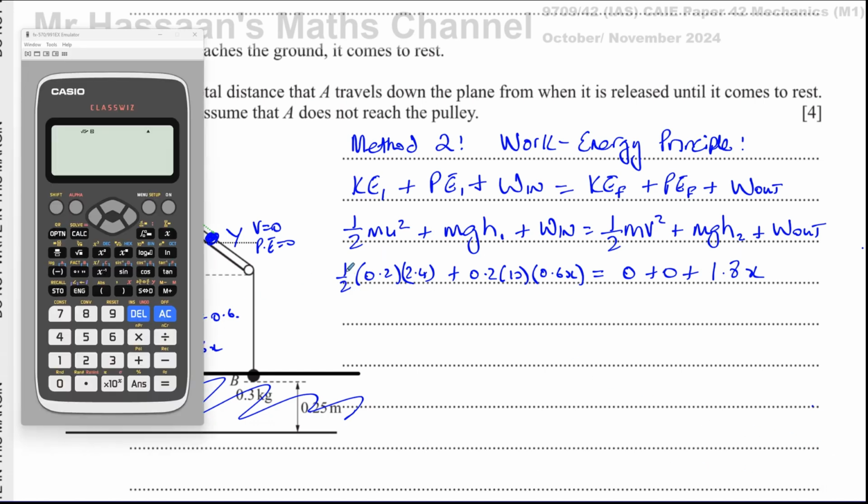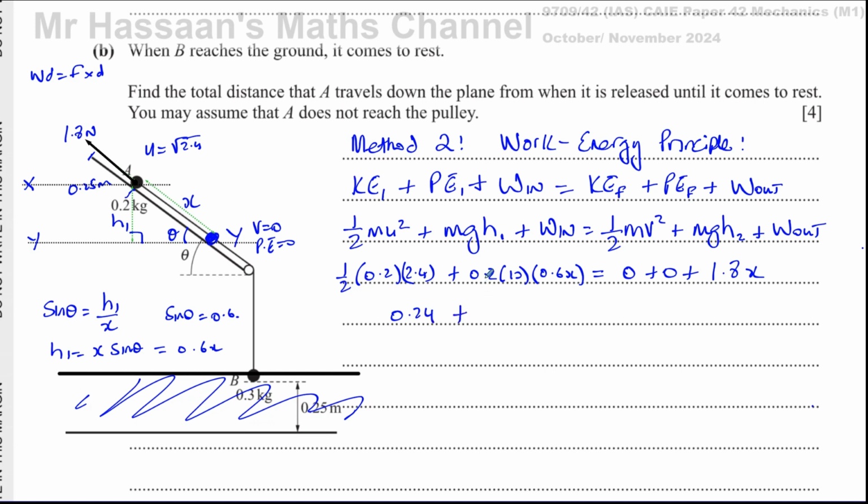So we have half times 0.2 times 2.4. I think that's going to be 0.24, just to make sure. Half, which is 0.5, times 0.2, times 2.4. That gives you 6 over 25, which is 0.24.